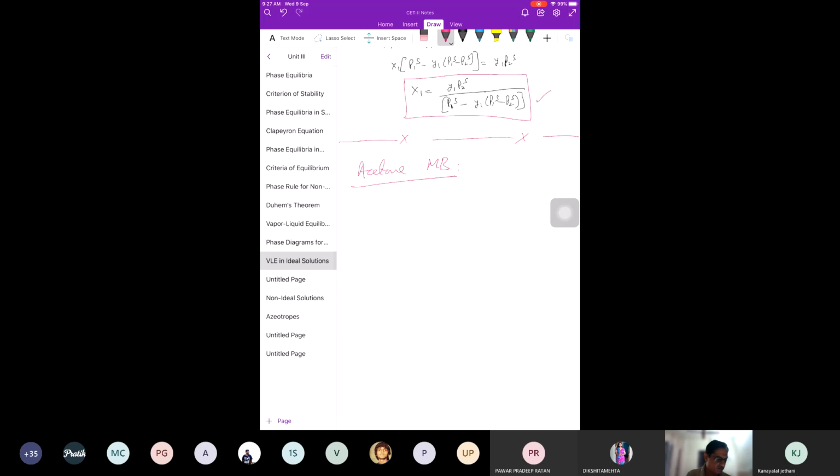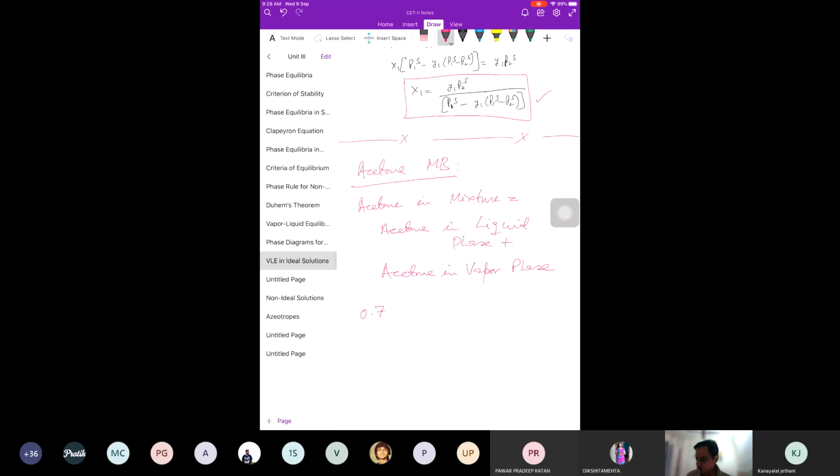So acetone in mixture is equal to acetone in liquid phase plus acetone in vapor phase. दिख रहा है ये? What I have written? So acetone in mixture कितना है?